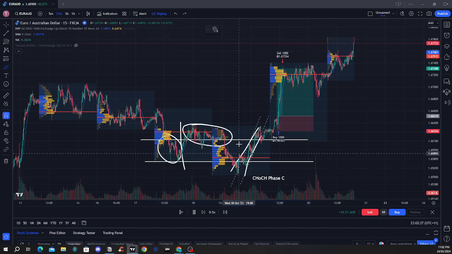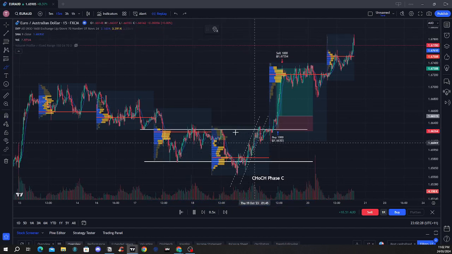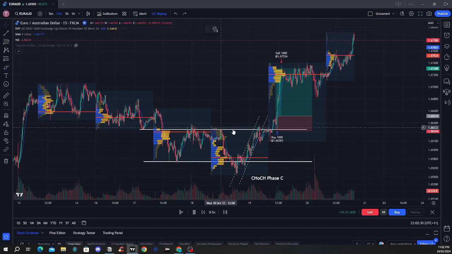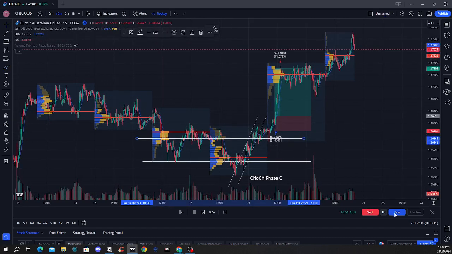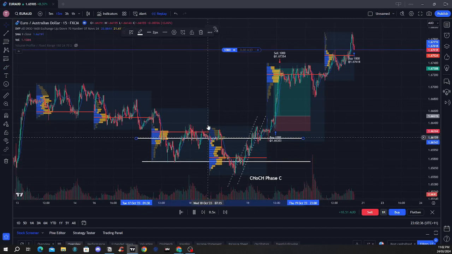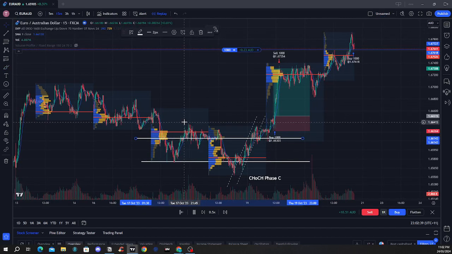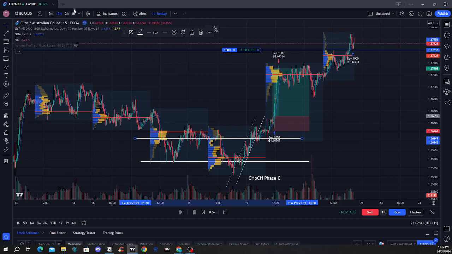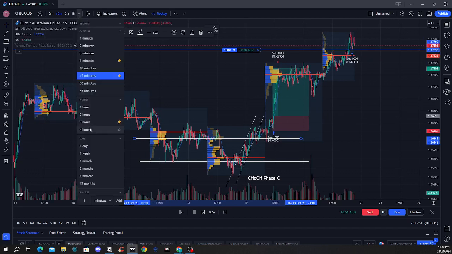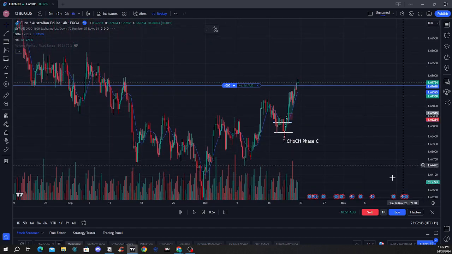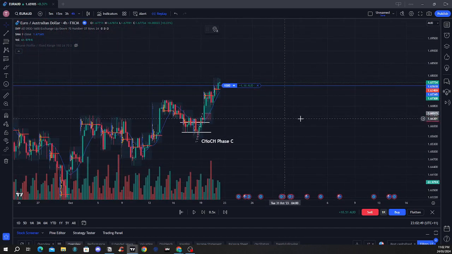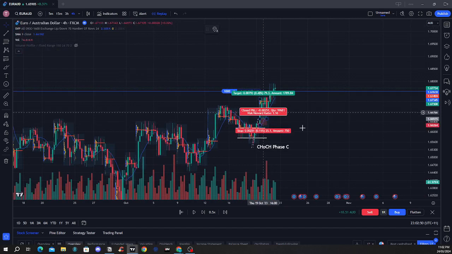So if I remove all the markup, or most of it anyway, we should be able to see that I've taken this trade as a moving average crossover.